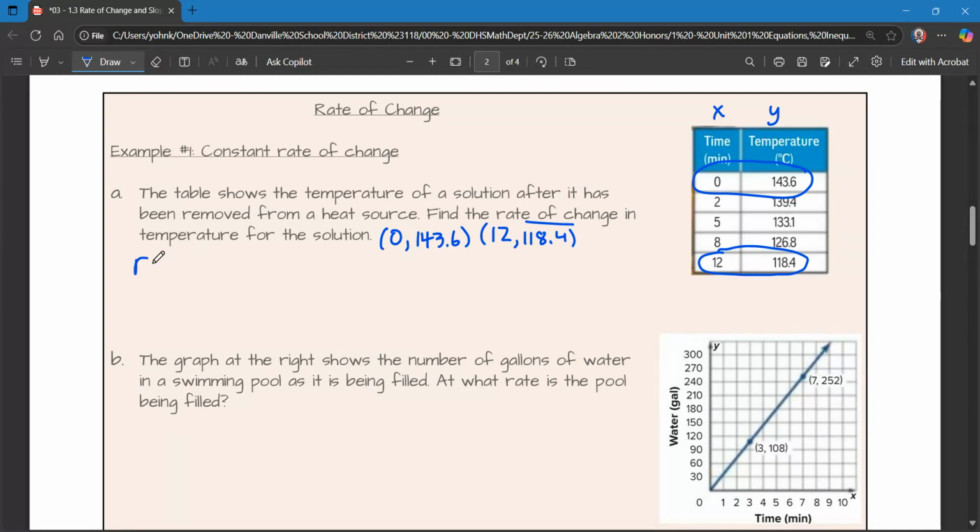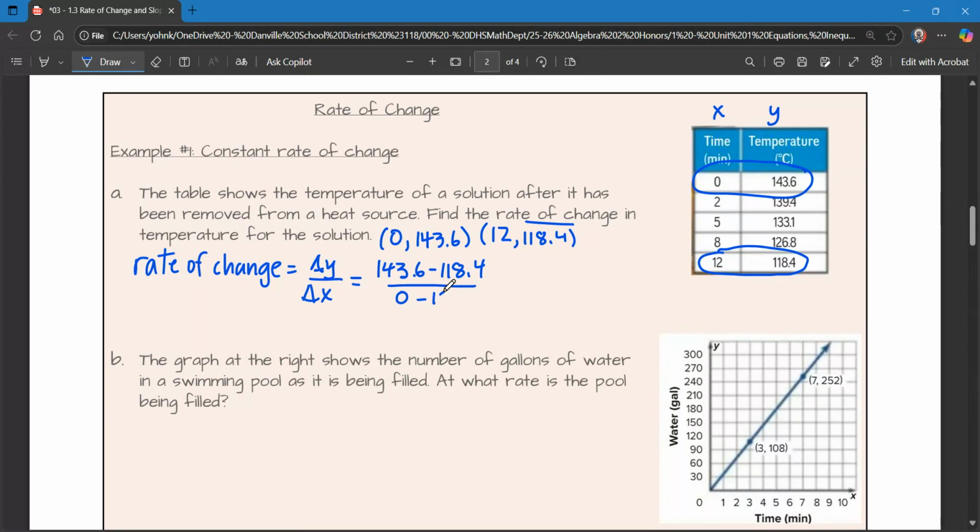So if I want to find the rate of change, I'm going to do the change in y's over the change in x's. So I'm going to subtract the y's, and it doesn't matter which one I do first. I'll do the 143.6 first, minus the 118.4. And if I do the 143.6 first, I got to do the 0 first.